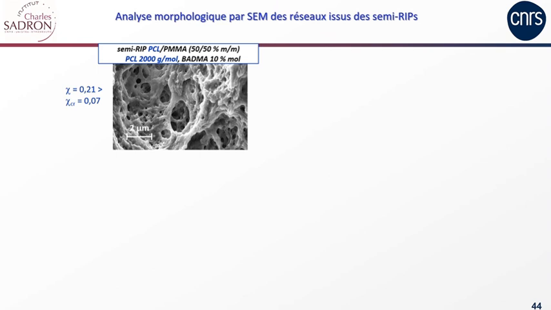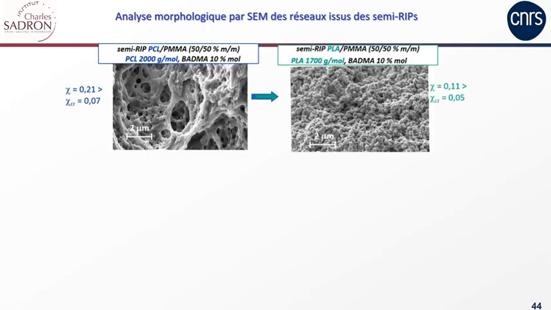So when you remove polycaprolactone, you will have a very broad pore size distribution and very large pores. When we use PLA, you have a better compatibility between PLA and PMMA, so you decrease the pore size.